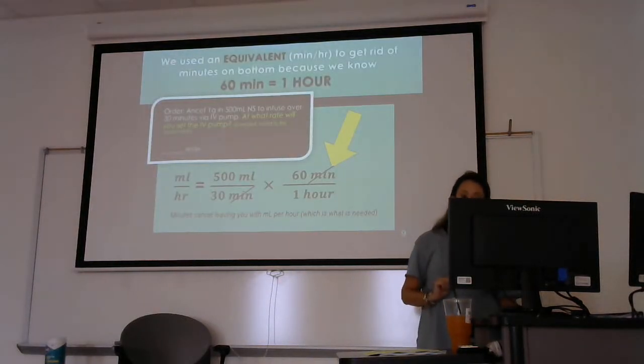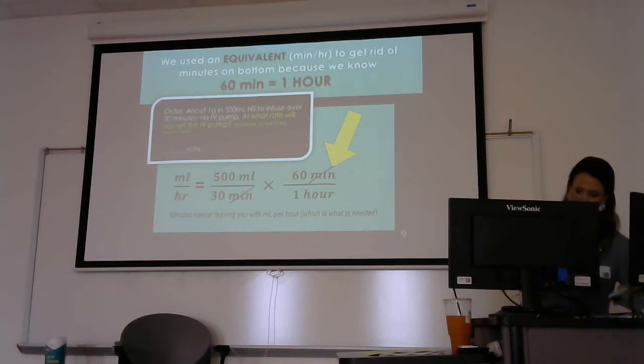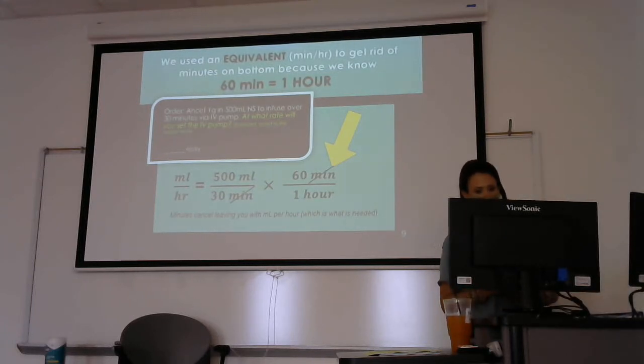And what do you get? Should have been 100, right? 3,000 divided by 30.